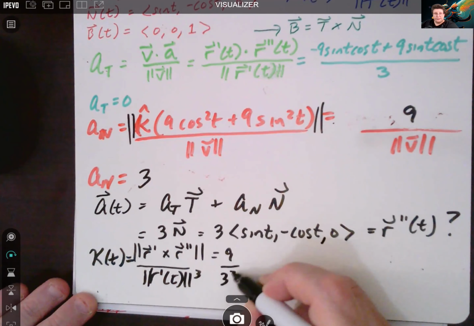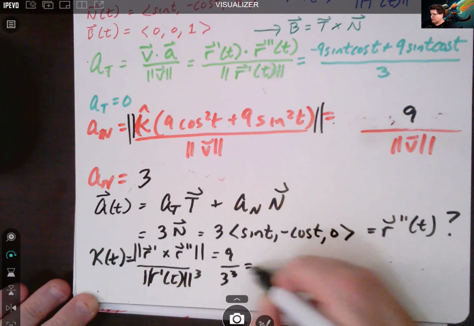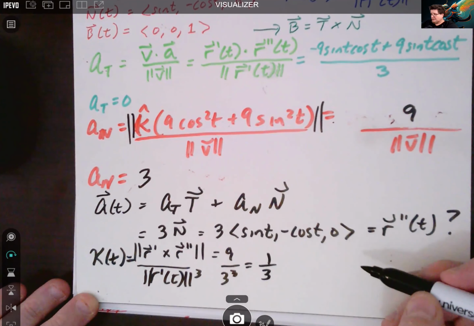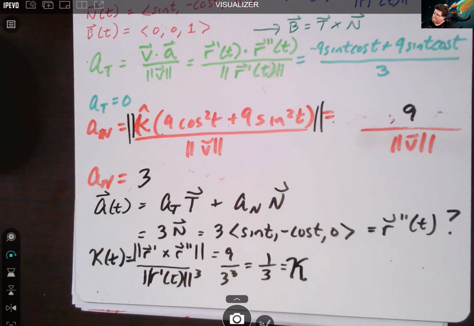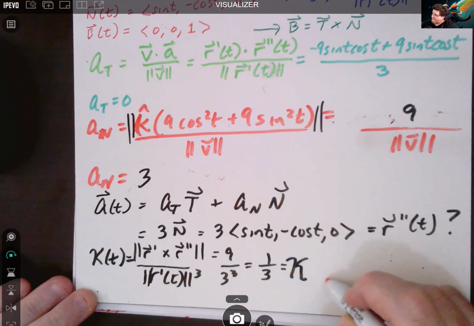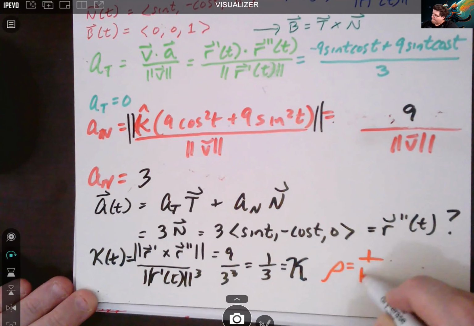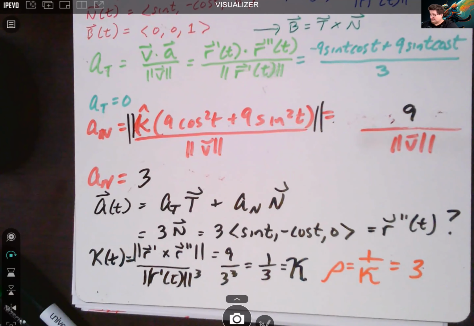So divided by 3 cubed, which is 1/3. So that's kappa. And to finish us off, radius of curvature is 1/kappa, which is 3. That's what I did wrong.